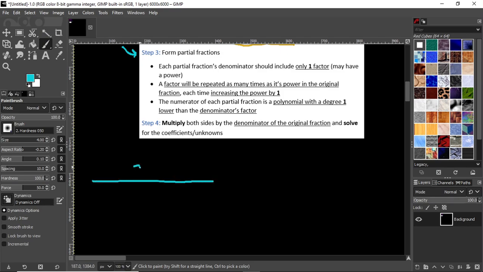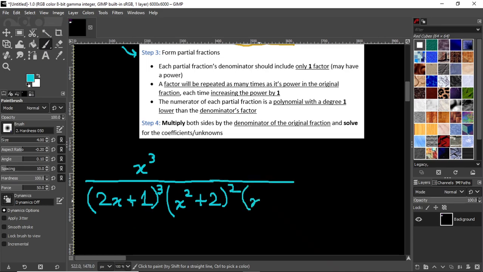So if I have something like x cubed, okay, x cubed divided by, let's see, 2x plus 1, oops, cubed, okay, x squared plus 2 squared, and x cubed plus 5.